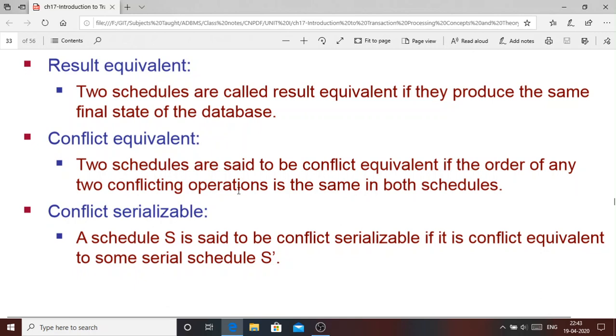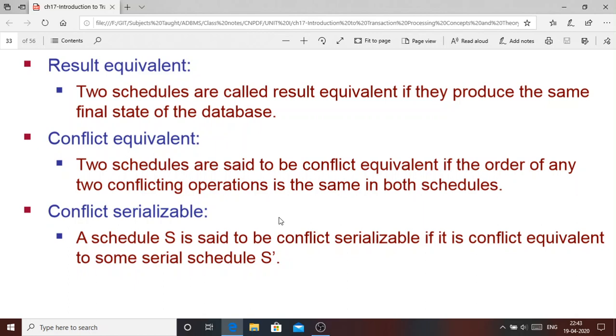So if these three conditions match, then the operations are conflicting. So a read operation and a write operation can conflict, provided that they have the same data item and they are being executed by two different transactions. Similarly, read-write, write-read, or write-write can conflict; read-read cannot conflict.